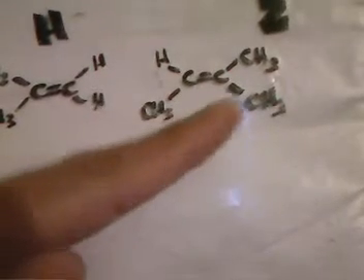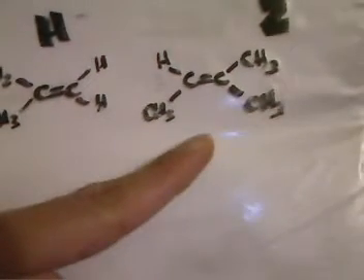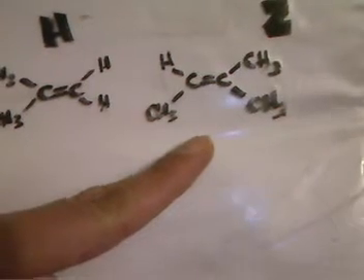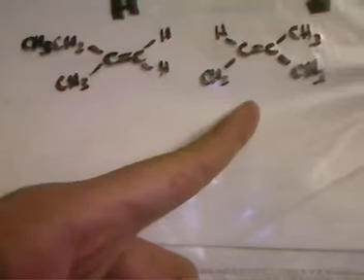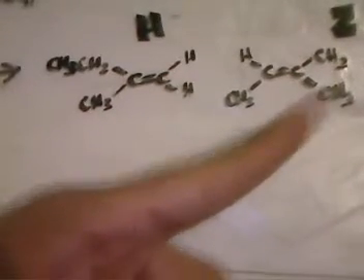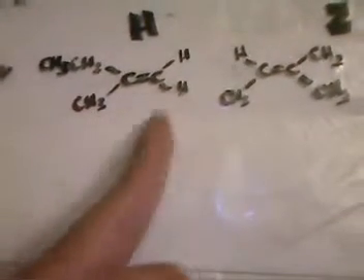So we can already see this is more stable because it has more substitution around the double bond. And depending on the base that you treat this with, you will get either the Hoffman product or the Zaitsev product as the major product. And if you're given the task of making this, you would choose the appropriate base depending on which alkene you want to be your major product.